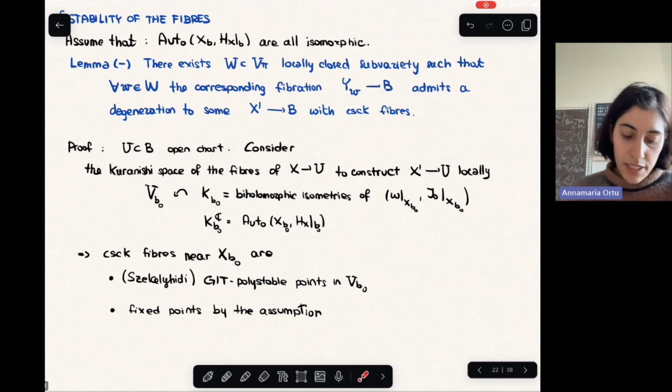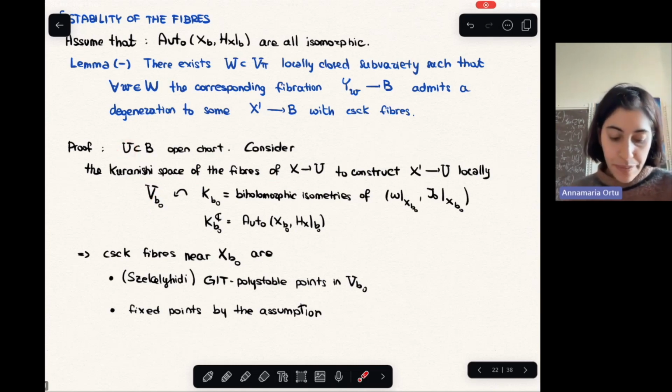We fix one special point b naught in B, in this open chart U, and then we view all the nearby fibers as deformations of that special fiber.